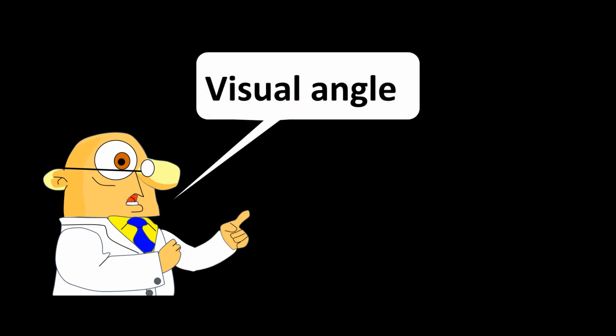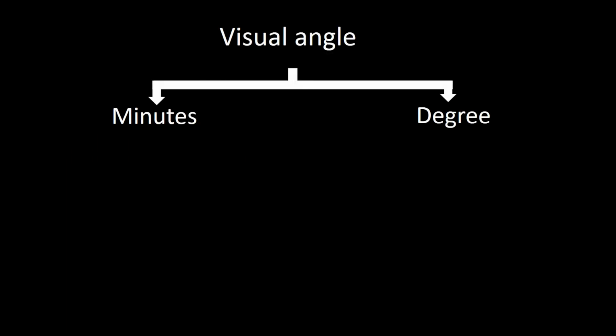I think I can make it clearer. As I have just mentioned, the visual angle is the angle a viewed object subtends at the retina, usually stated in degree or minutes of arc.